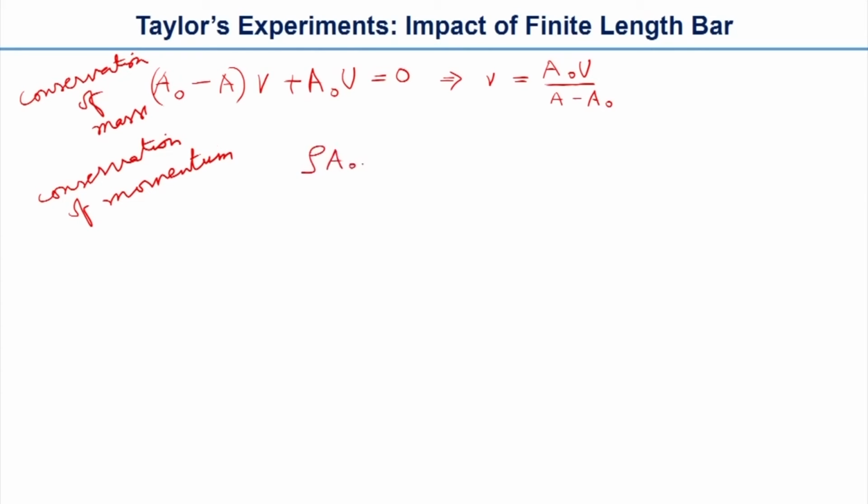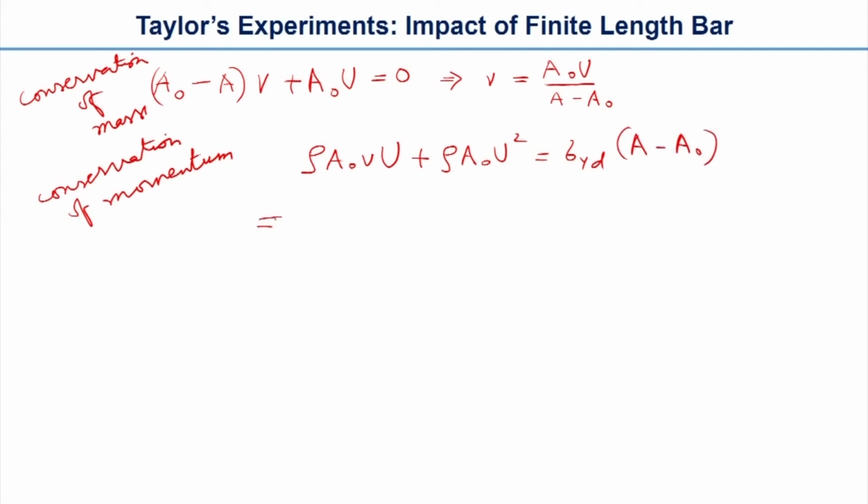rho A naught small v U plus rho A naught U square equal to sigma yd (A minus A naught).